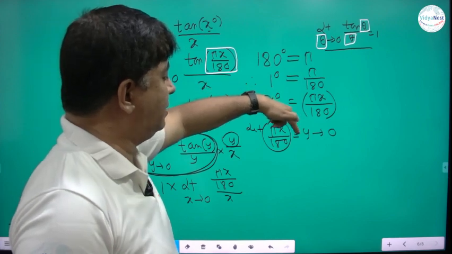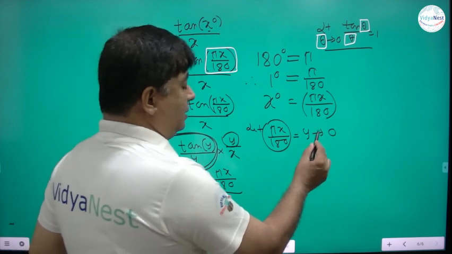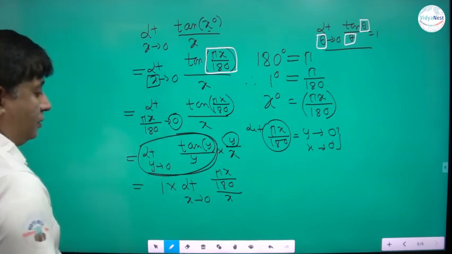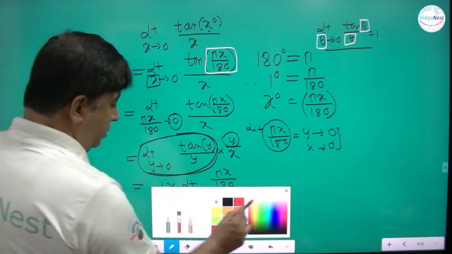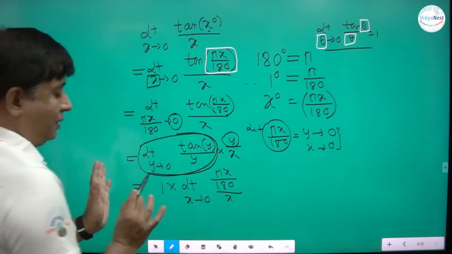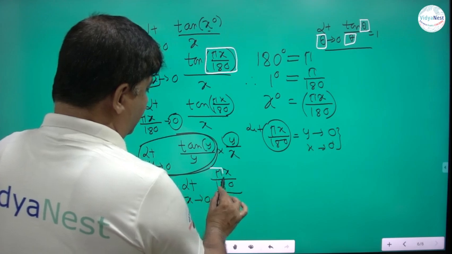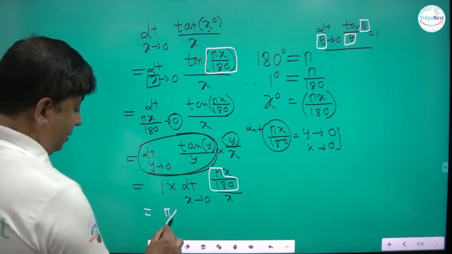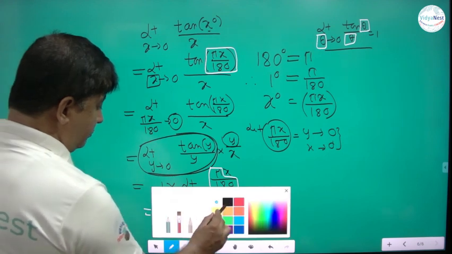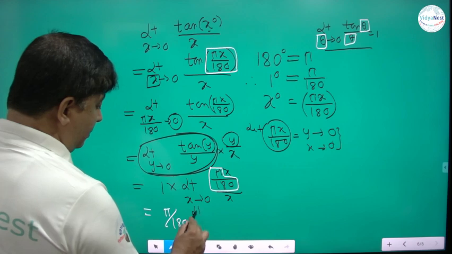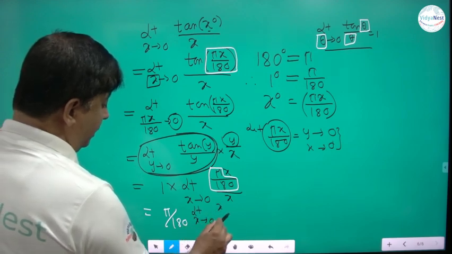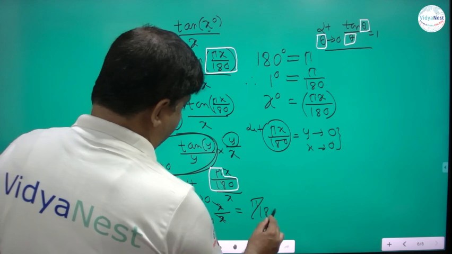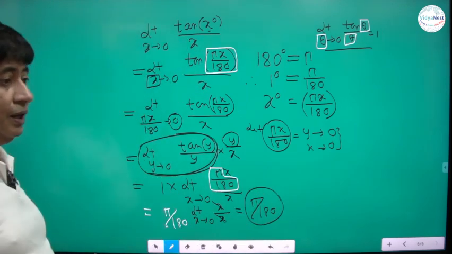So y tends to 0 represents the same as what x tends to 0 represents. Yes or no? So here, which part is not related to x? This part. Take it out. Pi by 180 is taken out, and what will be left for you? x by x, 1. Answer: pi by 180. Okay.